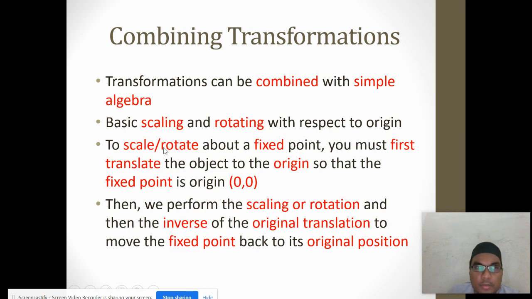Before you do any scaling or rotating, you must move the position, like 1, 1, to 0, 0 first, then later you can do the scaling and rotating. We can see the matrix form after this. Then we can perform the scaling or rotating, and then we apply the inverse of the original translation to move the fixed point back to the original position.